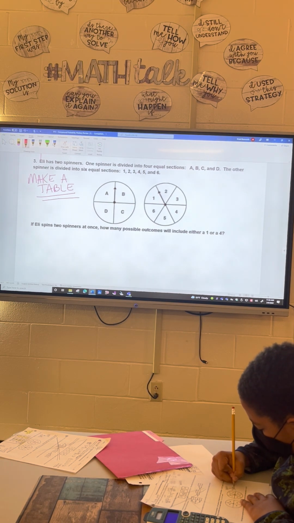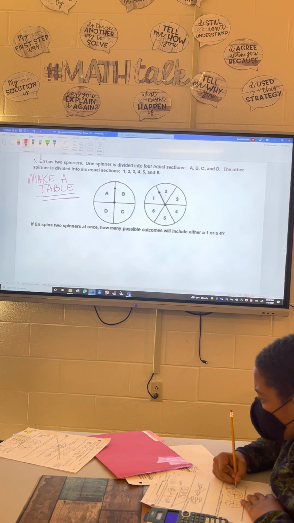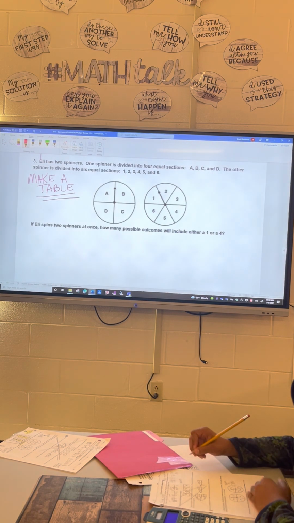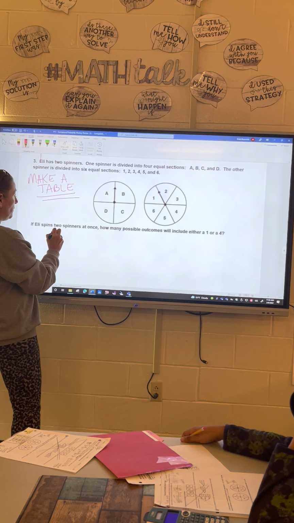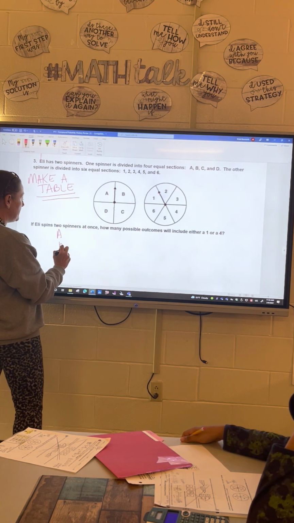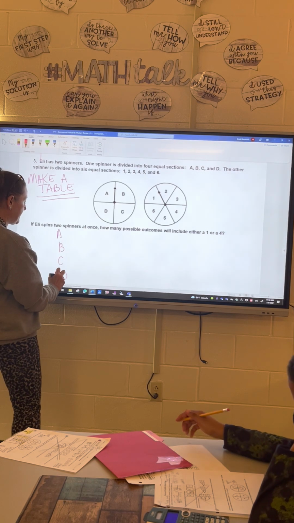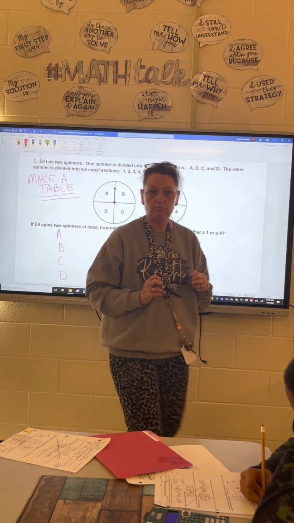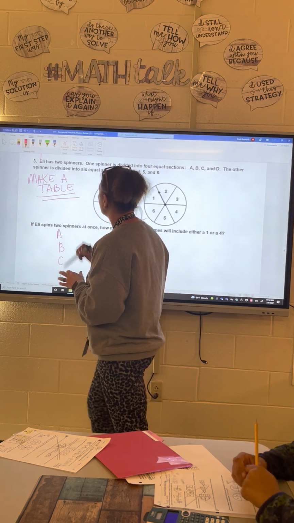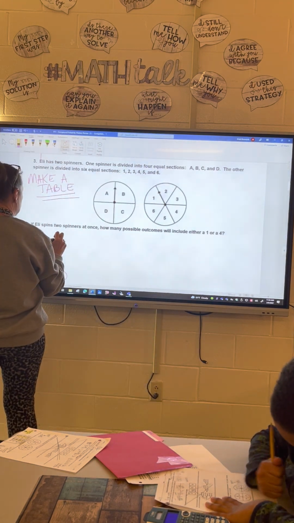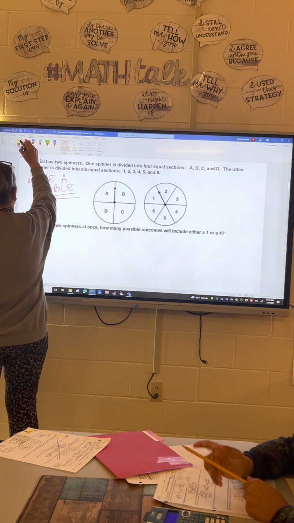But this question, a very similar question like that, is on the test. When you have 2 spinners. So I've got one spinner with an A, a B, a C, and a D. That's spinner 1. Okay? I need to move that down just a little bit.